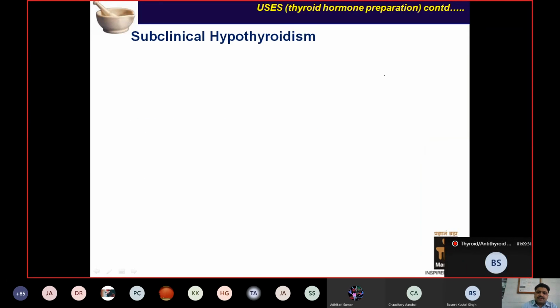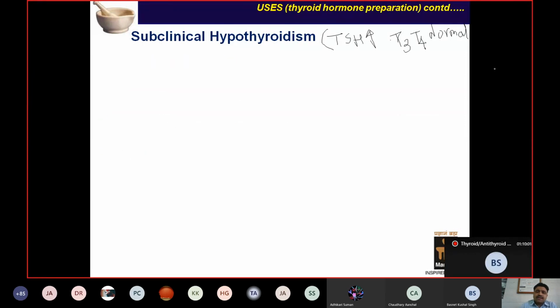Subclinical hypothyroidism is a term used where the TSH is high, but T3 and T4 are normal. If that is the case, we say subclinical hypothyroidism.